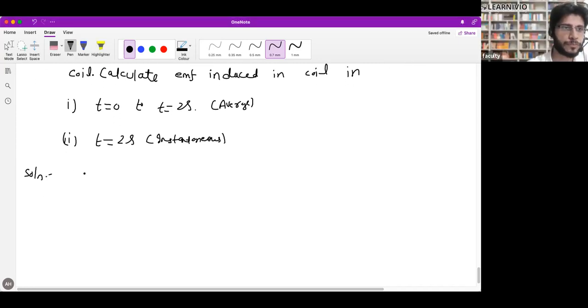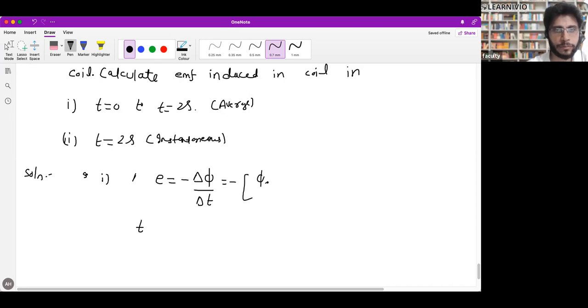Okay, see. First part. So induced EMF is minus of delta phi over delta t. So delta phi means it's minus of phi 2 minus phi 1 over t2 minus t1.